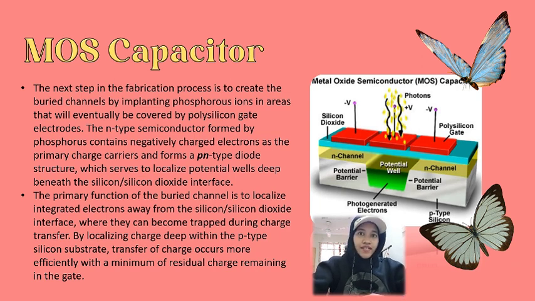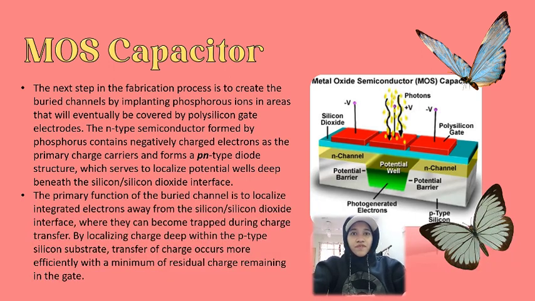The N-type semiconductor formed by phosphorus contains negatively charged electrons as the primary charge carriers and forms a PN-type diode structure, which serves to localize potential wells deep beneath the silicon dioxide interface. As you can see from the figure is a schematic drawing of the diode structure.